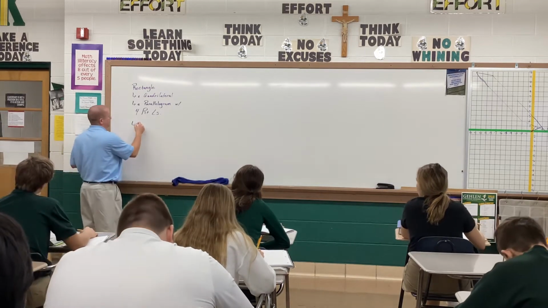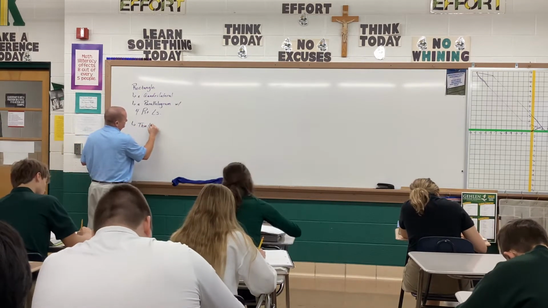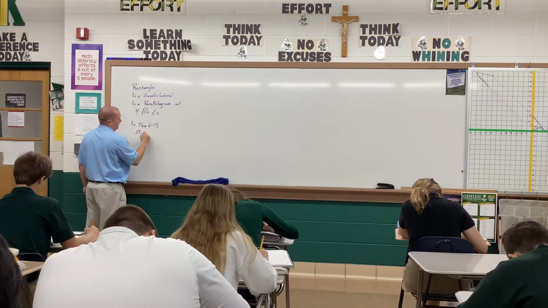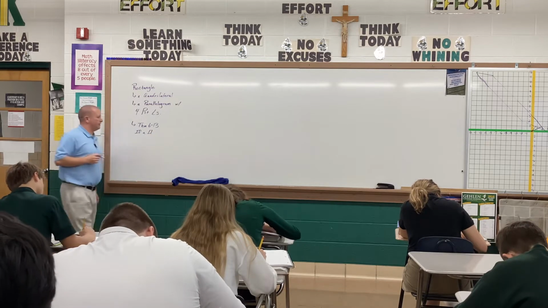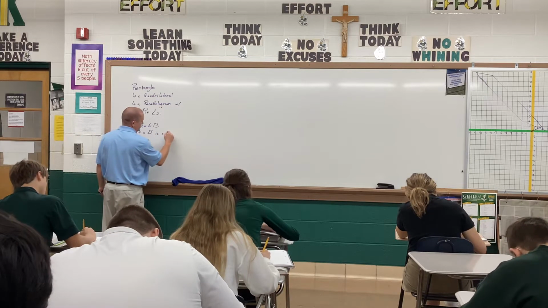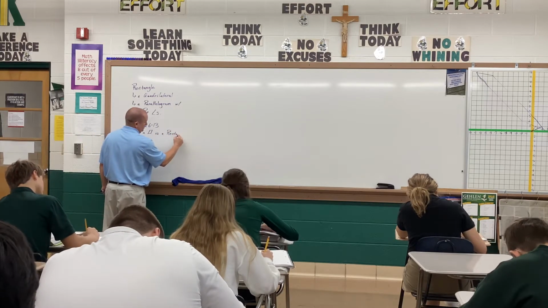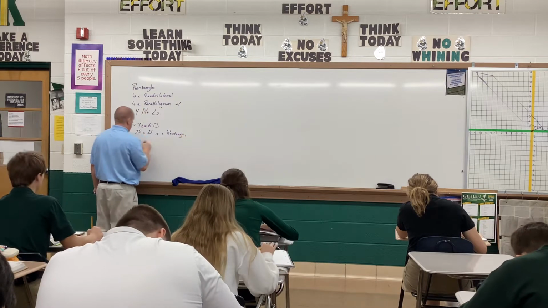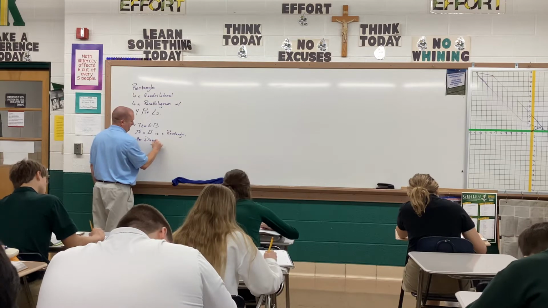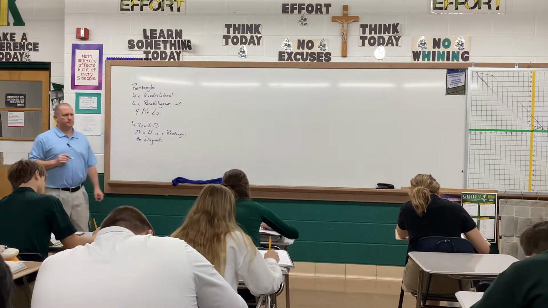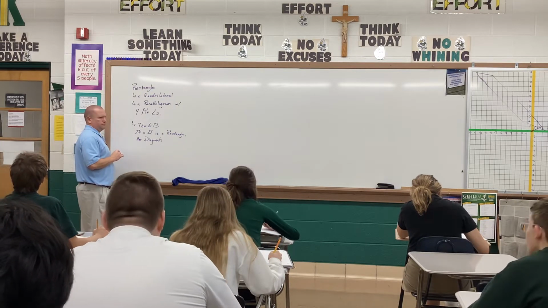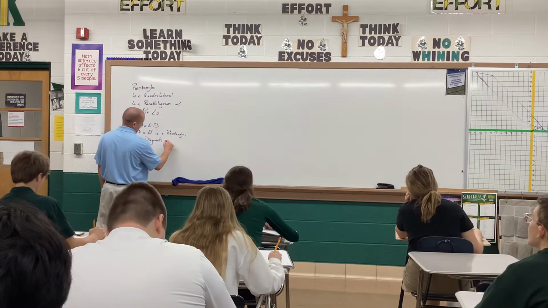So where are we at? 6-13 already. So 6-13 simply says, if a parallelogram is a rectangle, the diagonals are congruent.